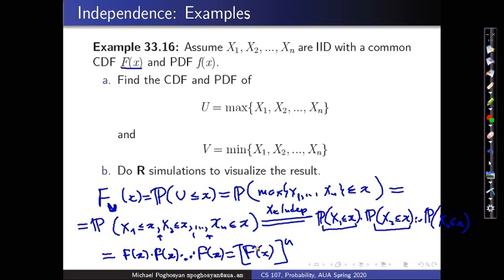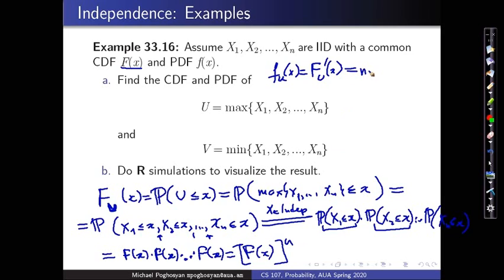Now to find the PDF, we will differentiate this. So f_U at x is the derivative of capital F_U, and this is equal to the derivative of this.